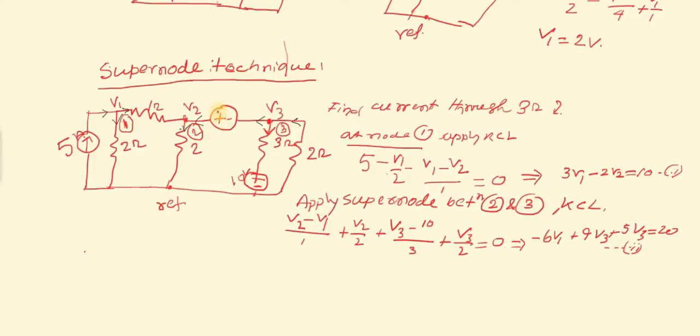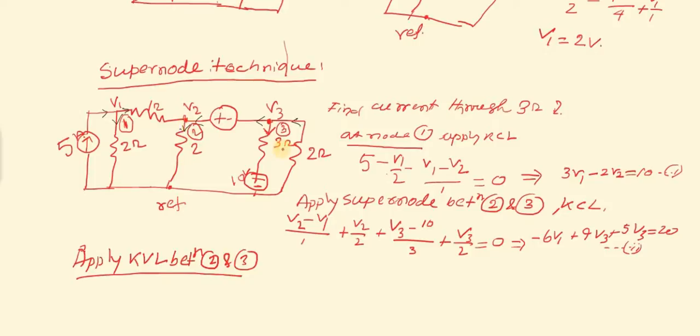Now we have applied the supernode technique. In the supernode technique, you need to apply both the KCL law as well as the KVL law to write down the voltage equation. So now we'll write the KVL law across nodes 2 and 3.